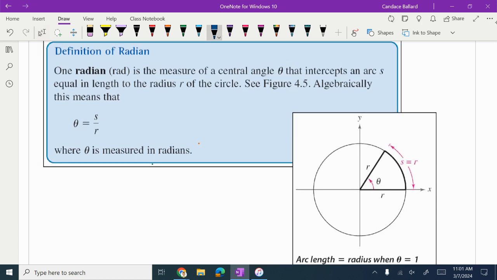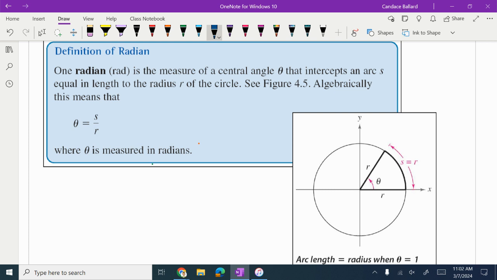So 1 radian, which you can abbreviate RAD. You might see that when we get out our graphing calculators eventually. You see RAD in there. It is the measure of the central angle that intercepts the arc equal to the length of the radius of the circle.